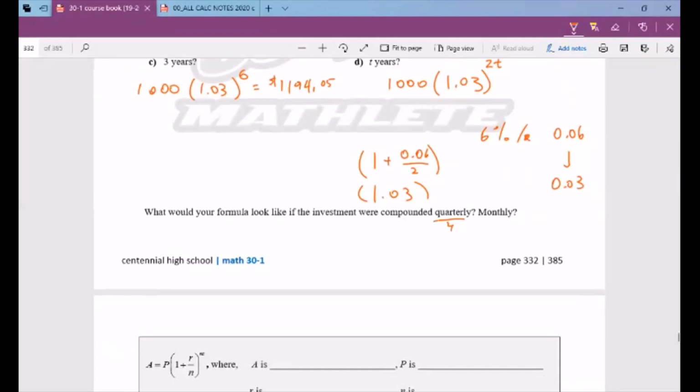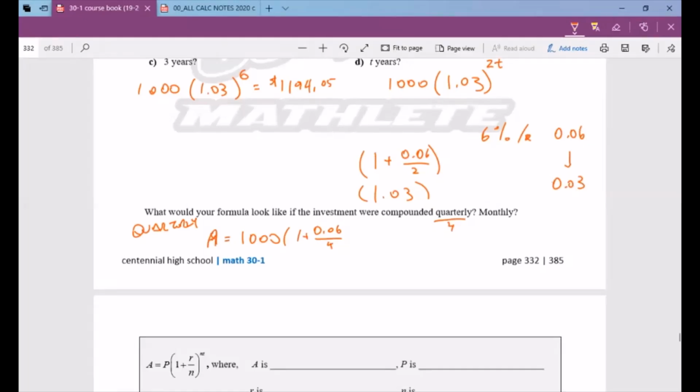What it would look like for quarterly would be y is equal to 1,000. I suppose let's start to use A is equal to 1,000 times, what are we going to have quarterly? We're going to have 0.06, we're going to add that to 1, so 1.06, we're going to divide that by 4, because you don't get 6% every quarter, every 3 months.